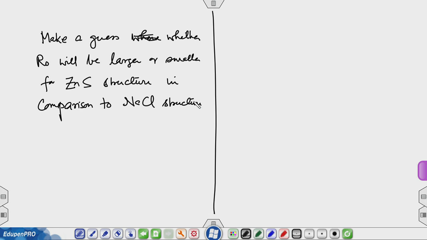And this is all being done for the same system, for KCl.